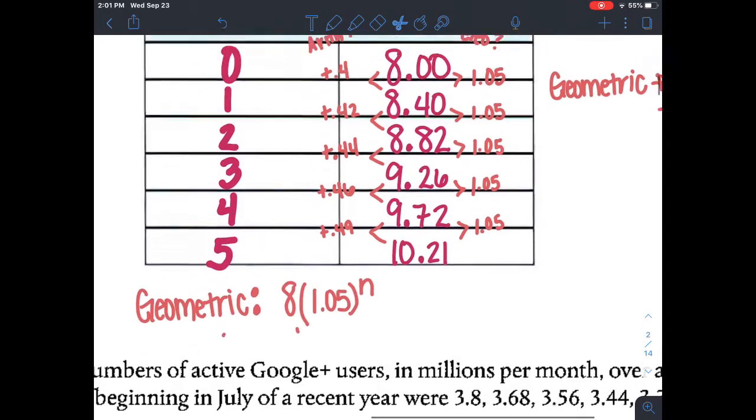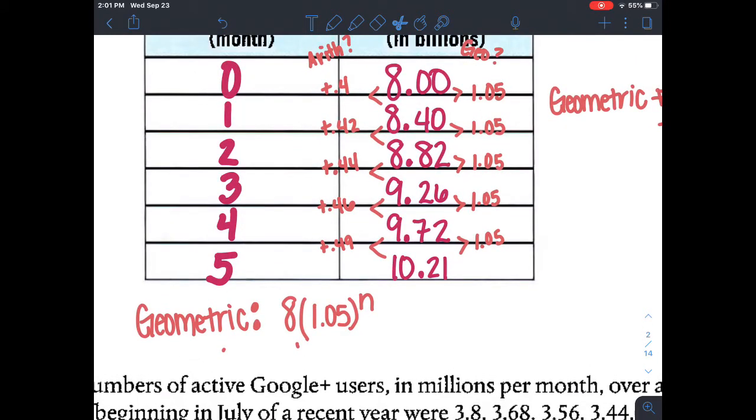A is our first term, A is the 8. Our common ratio, the B term, or our rate of change is 1.05 to the n power. And if we're tying this back to the last unit that we just did, this 1.05 is a what? A 5% increase. It's a number greater than 1. We take the decimal, make it into a percent. This is a 5% increase.